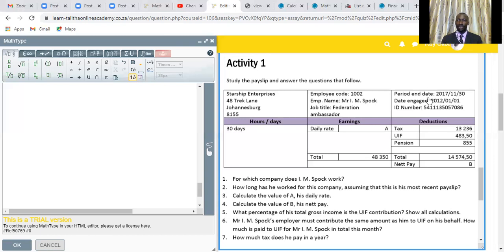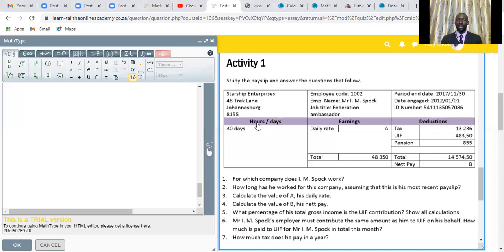That is the period for which this pay slip is dated. The period covered in the pay slip ends on 2017, November the 30th. Then the date engaged, that is the date when the employee started working for this company, is 2012, January the 1st. And this is the ID number.